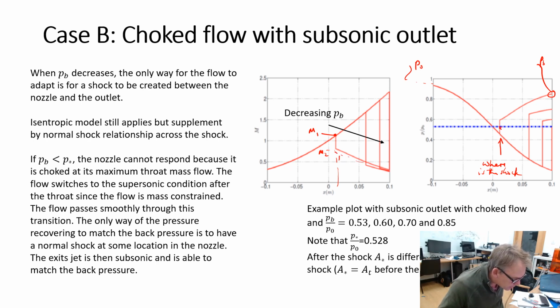Now the point about this is that A star in region 1 and A star in region 2 are not equal. So you've got a bit of work to find out how those solutions vary in those two cases.